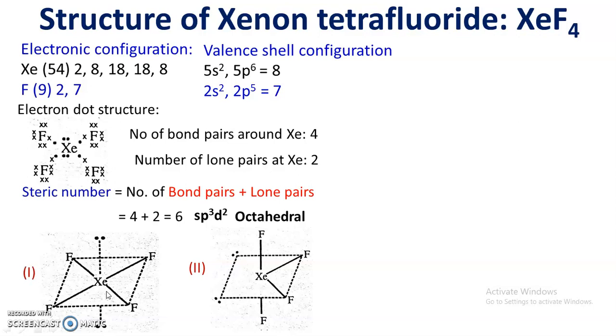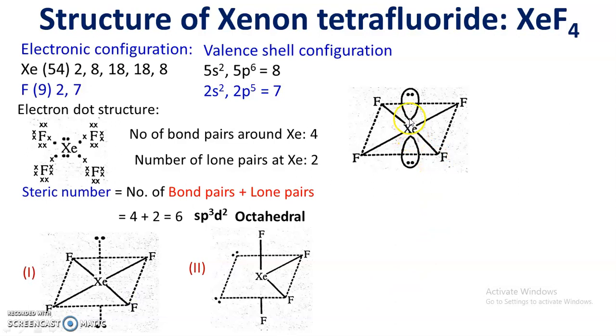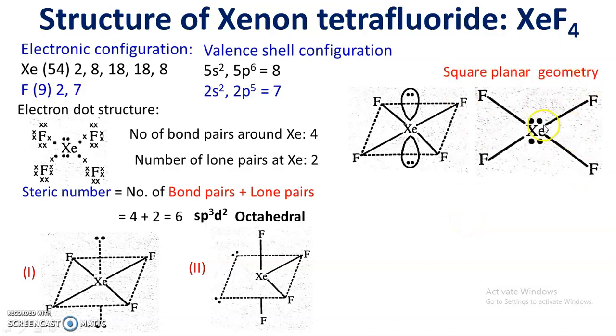According to valence shell electron pair repulsion theory, the 6 pairs of electrons should arrange themselves around the central xenon in such a way that there is minimum repulsion and maximum stability, and on the basis of this, the first structure is the most stable, where lone pairs occupy the axial positions and there are 4 fluorine atoms occupying the equatorial positions, and this is actually a square planar arrangement.